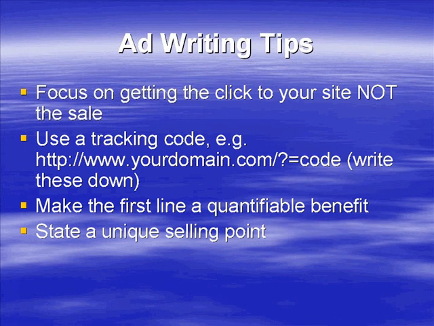Unique selling point. Make sure that's in there as well. The point behind these two is, why would they want to read your ad? Why would they want to click on it? Why would they want to come through to your website? Remember, we're focusing on getting them through to your website. $1,000 in 8 hours. Well, that's not bad. I'd want to know how I can do that, wouldn't I? So something like that.